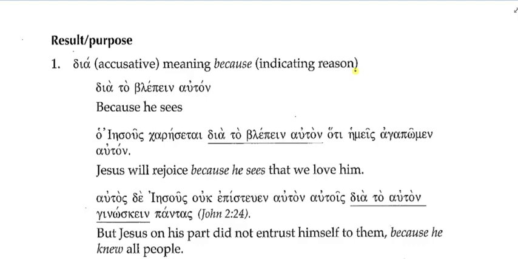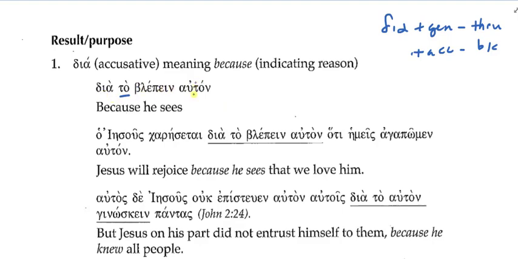Because you remember dia could be followed by two possible cases, right? Dia plus the genitive meant what? Through. Dia plus the accusative meant because of. Well, look at that. Looky here. Dia plus the accusative case of to blepein means because of seeing.